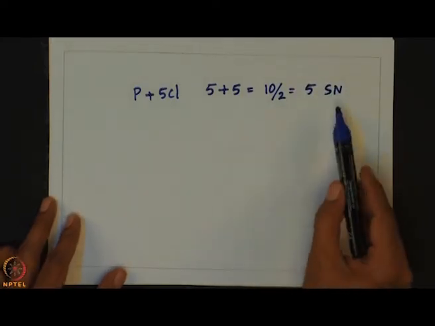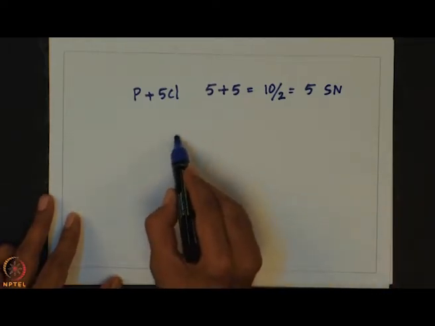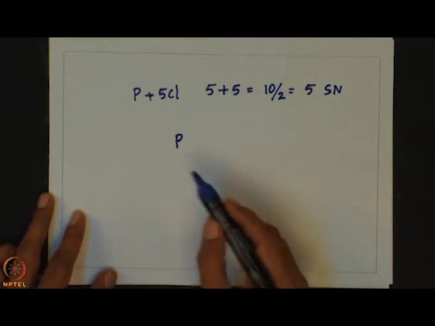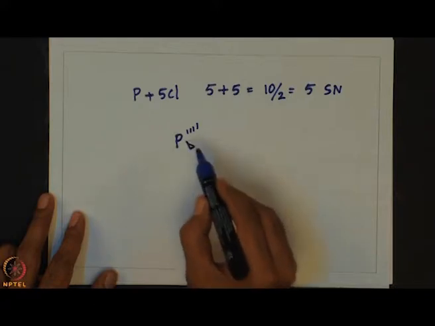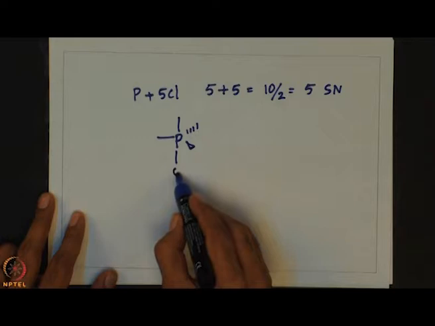Now, we know the steric number is 5. With steric number 5, the geometry that is supposed to be considered is trigonal bipyramidal. And now, place the atoms.